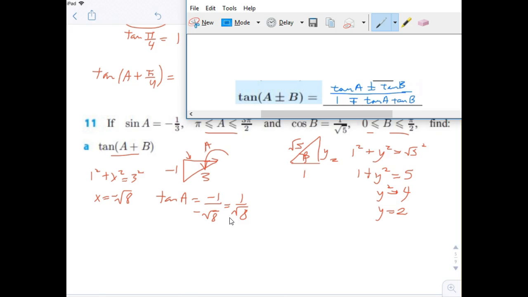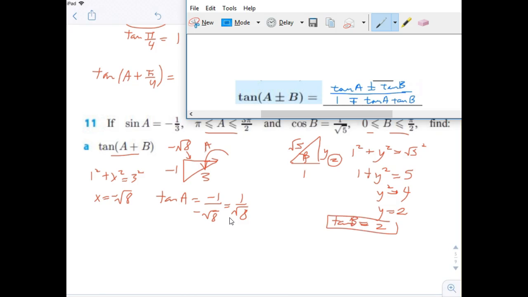So this would be 2, and the adjacent for A would be negative square root of 8. Okay. So the tangent of this other triangle of B is equal to y over 1 or 2. Okay. So the tangent of B is 2.